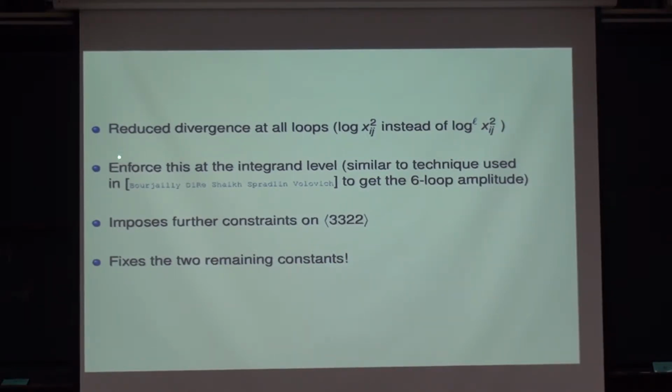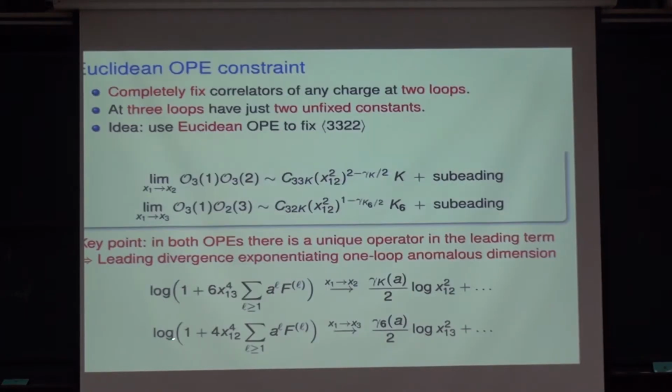So the log of the correlation function, in this limit, only looks like log of x12 squared. I would expect log of x12 squared to the power L at L loops, but instead I only see log of x12 squared, very much like the log of the amplitude with the cusp anomalous dimension in the BDS formula.